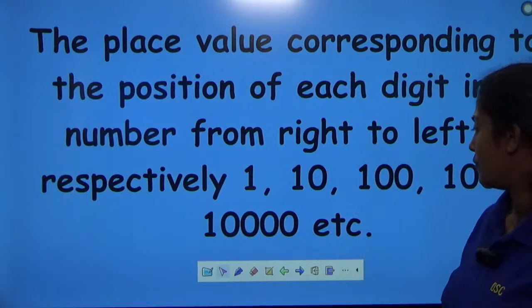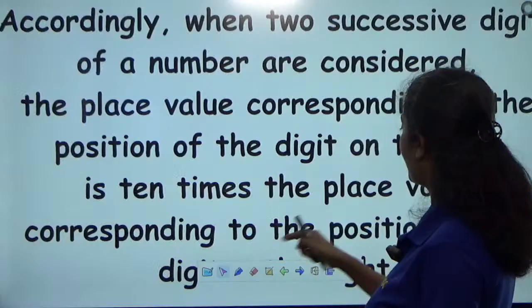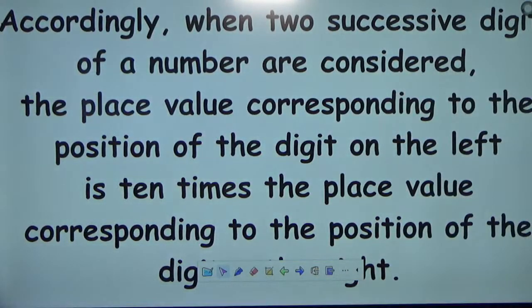We'll move to the next part. Read this one.